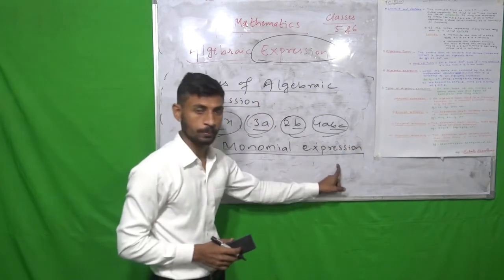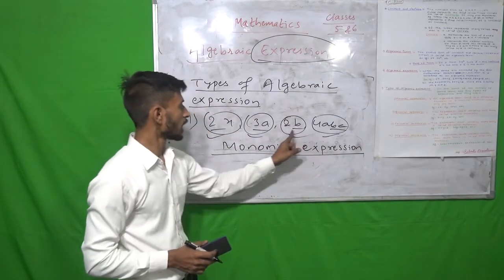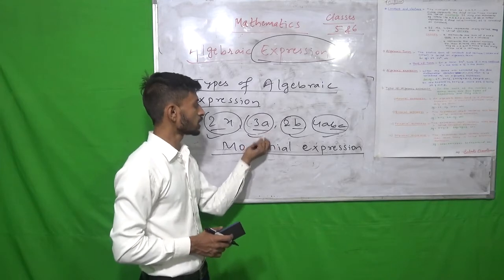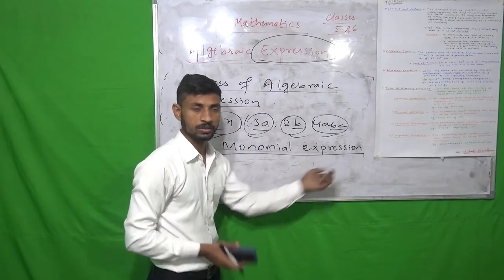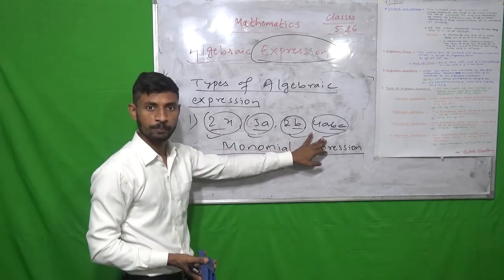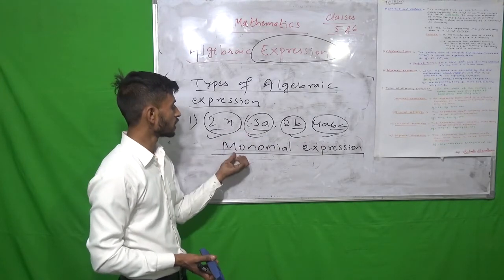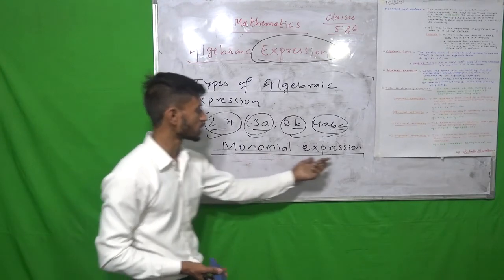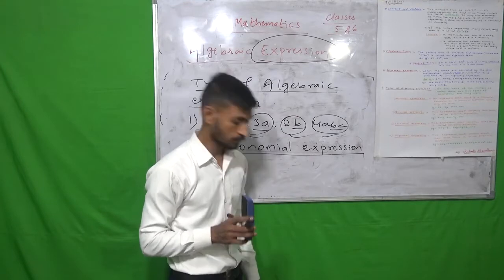Or you can also say that the term itself is called a monomial expression, like 2x, 3a, 2b, 4a, bc. A monomial expression represents only one term.